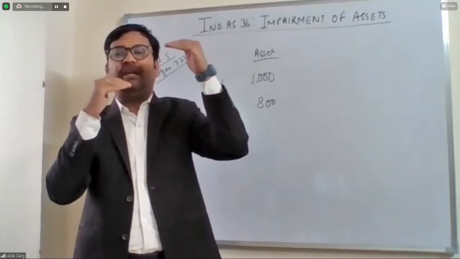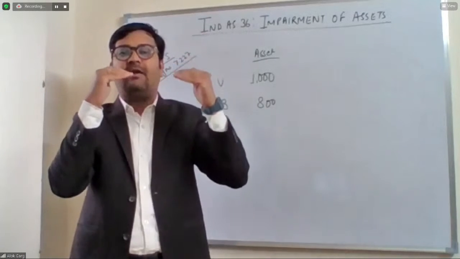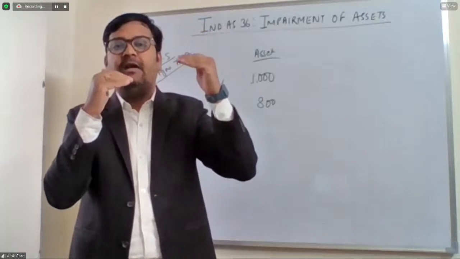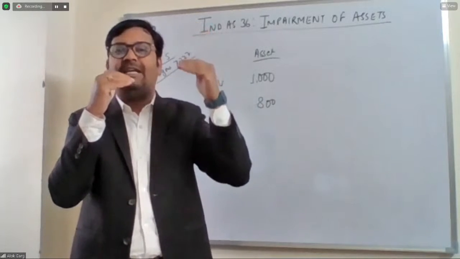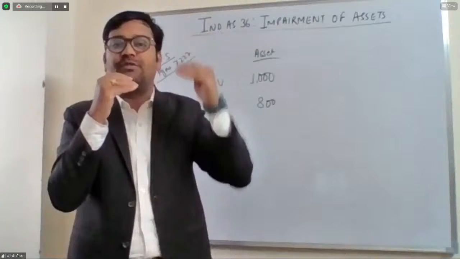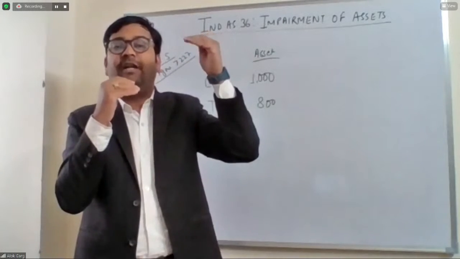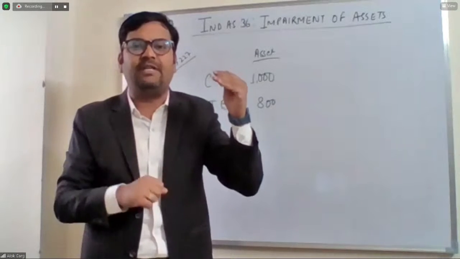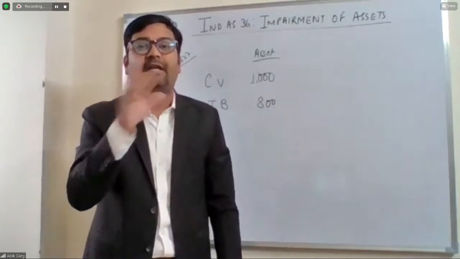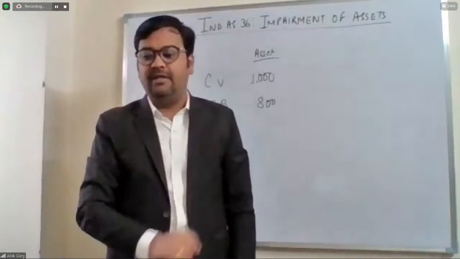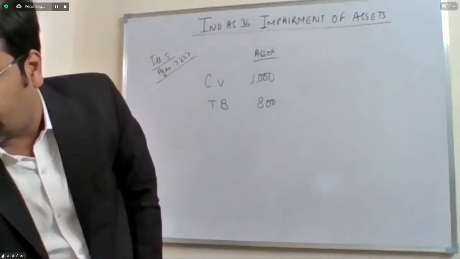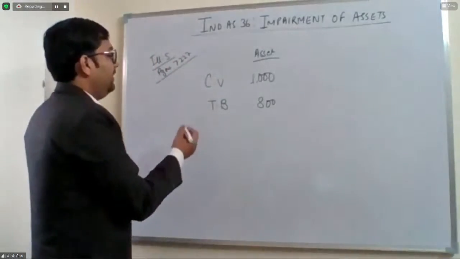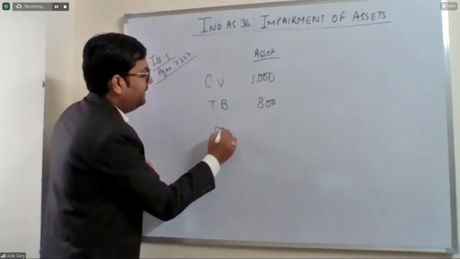So to align both numbers, what do I require? I have to reduce the value of the asset in my books. It means I have to reverse the asset. If I need to reverse the asset, it means I have to create a liability. So in this case, deferred tax liability will be created.